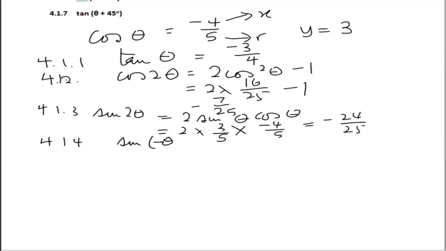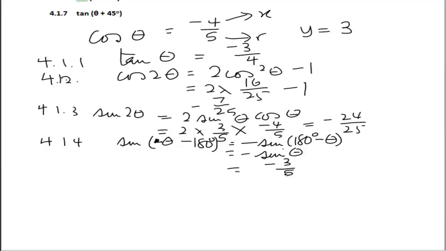You change that: sine of a negative angle is negative sine of the positive angle, and the positive angle is in the second quadrant where sine is positive, so we're looking at negative sine theta. Since sine of theta is 3 over 5, this is minus 3 over 5.